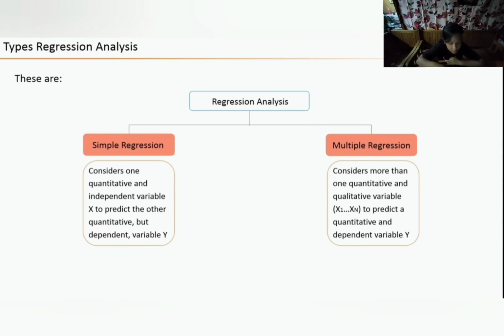Simple linear regression considers one quantitative and independent variable x to predict the other quantitative but dependent variable y. Multiple linear regression considers more than one quantitative and qualitative variable to predict a quantitative and dependent variable y.